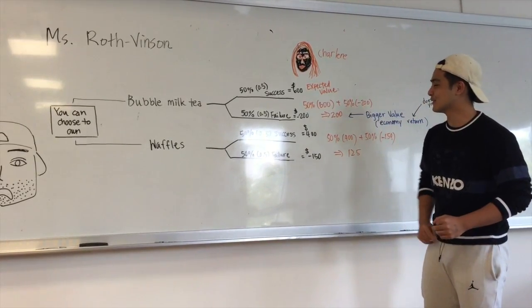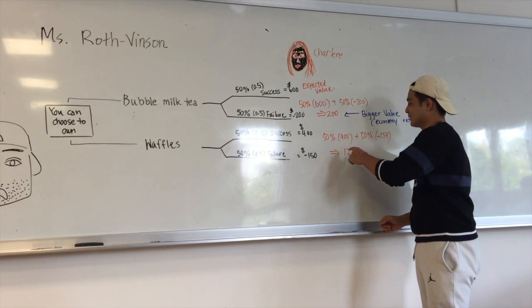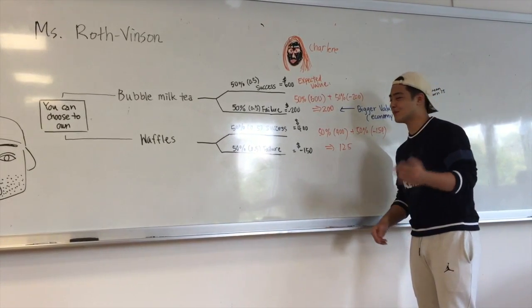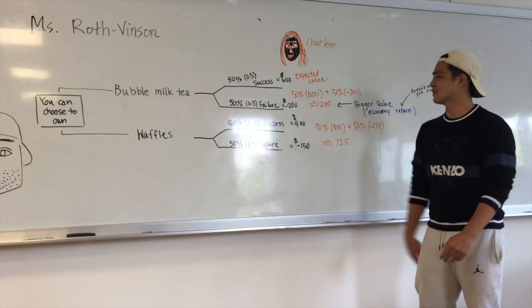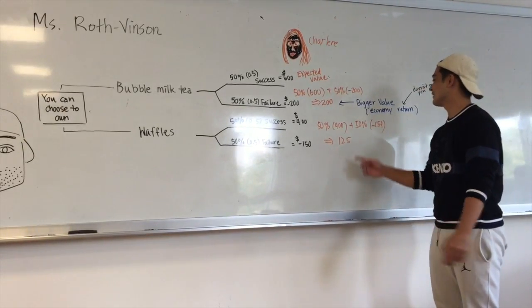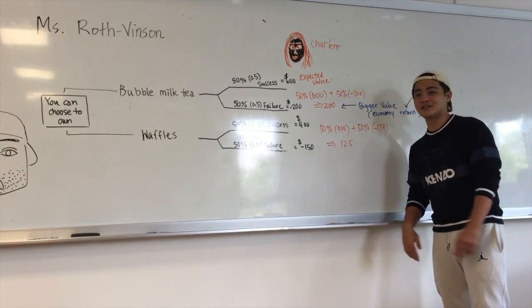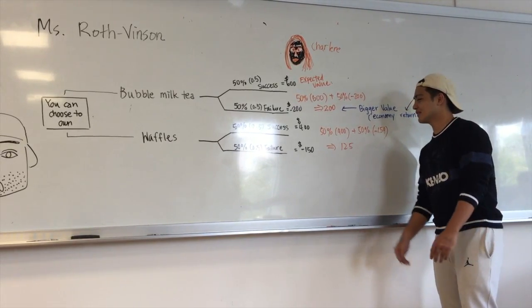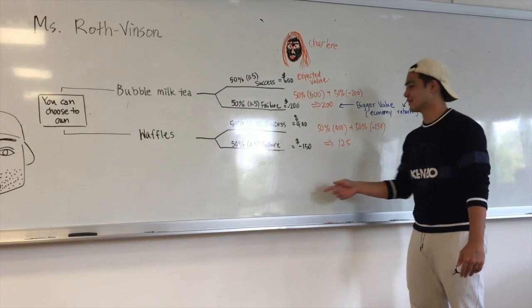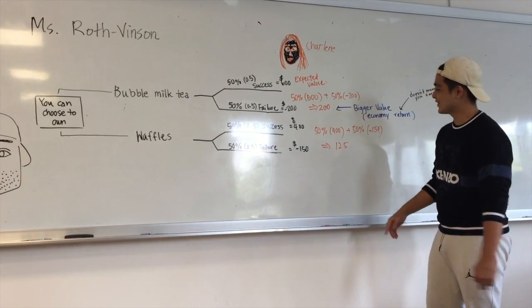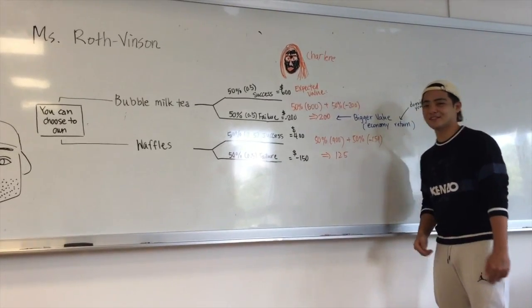In the waffles case, it's 400 times 0.5 for success, plus negative 150 times 0.5 for failure, and together that is 125.